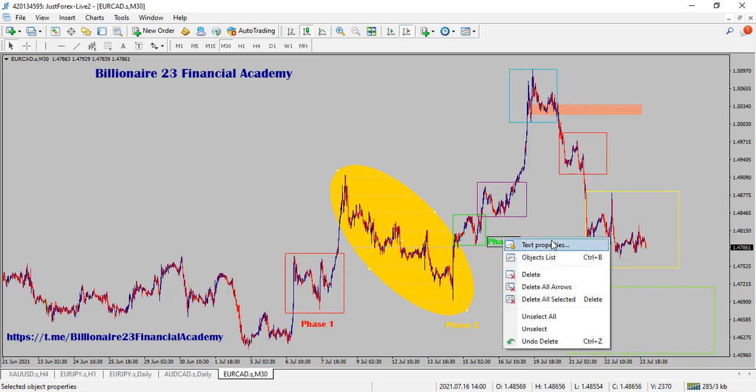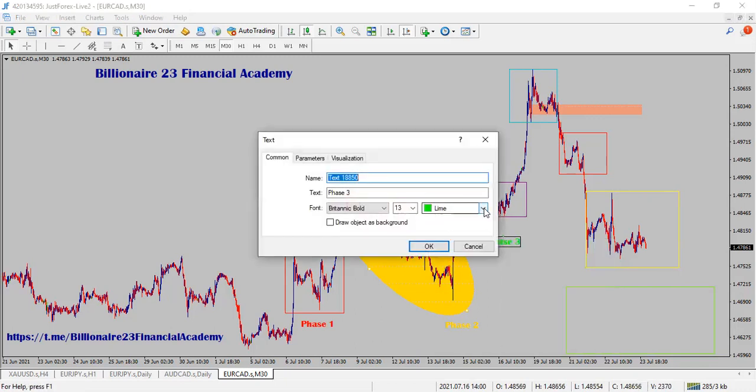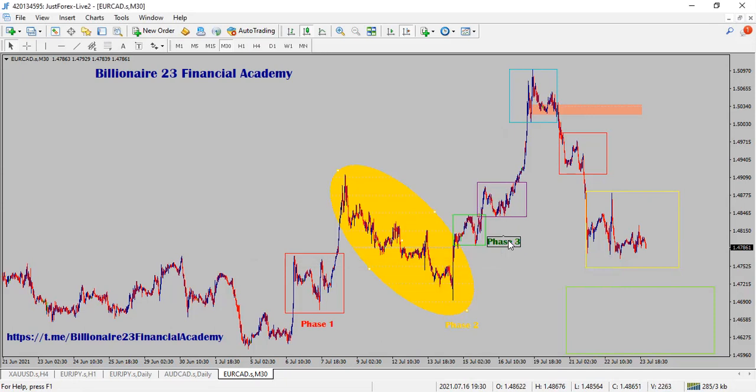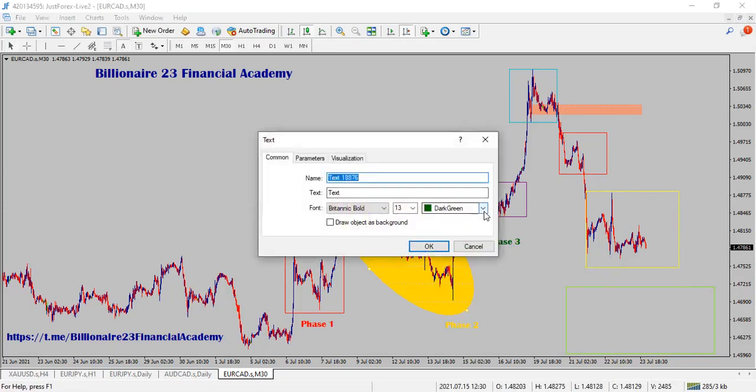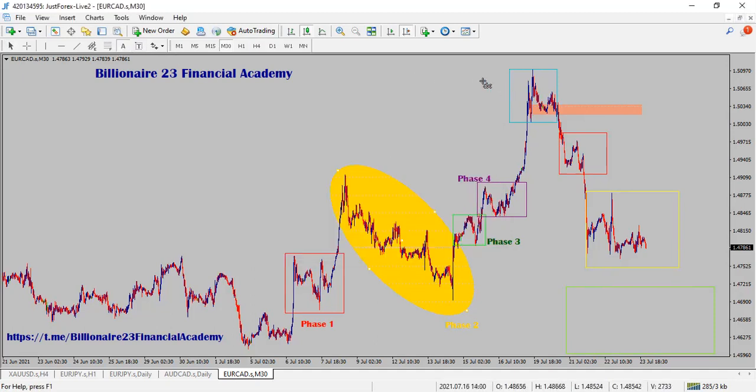Okay, that's not really visible. Let me try green. Phase 3, phase 4, and finally phase 5.